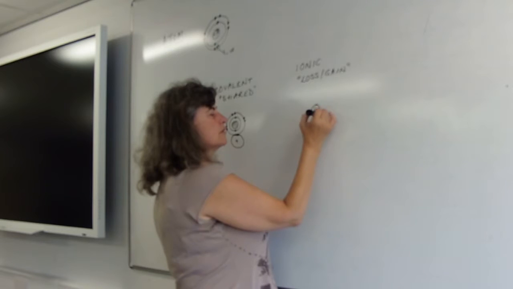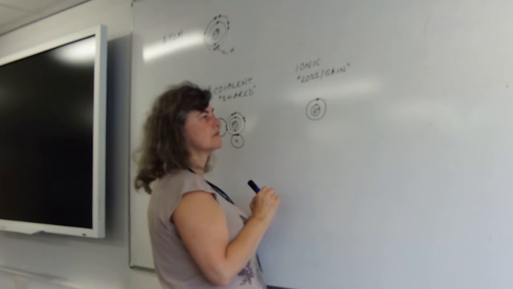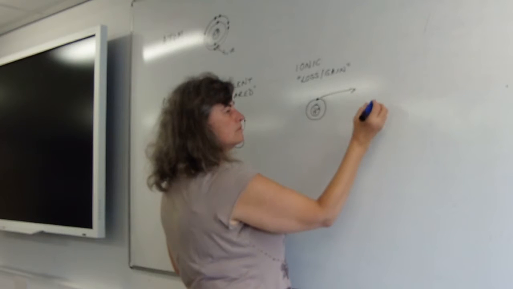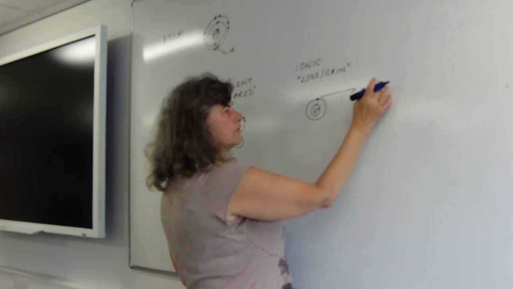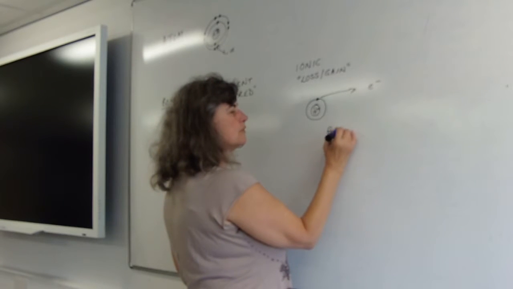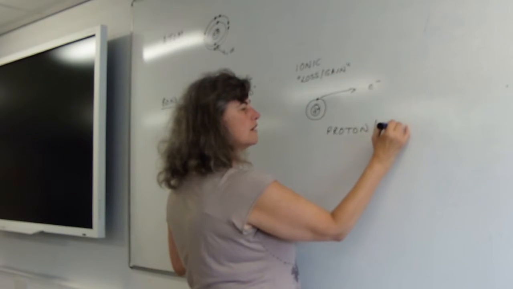Hydrogen has 1 positive charge in its nucleus and it's got 1 electron whizzing around the outside. If it gives that electron away to another molecule, it's given away its negative charge, and what we get left with is a proton or hydrogen ion.